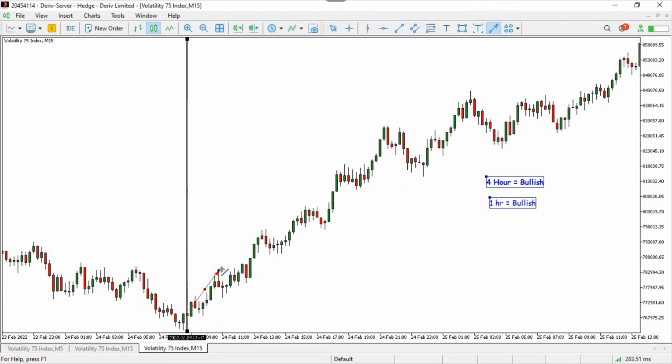We pull back up to this level, right? Now, we come back, we broke this high up to this level, right? Now, this is the area where we reversed. I will be waiting for price to reverse up to the highest part of this place that we broke so that I can enter a trade.